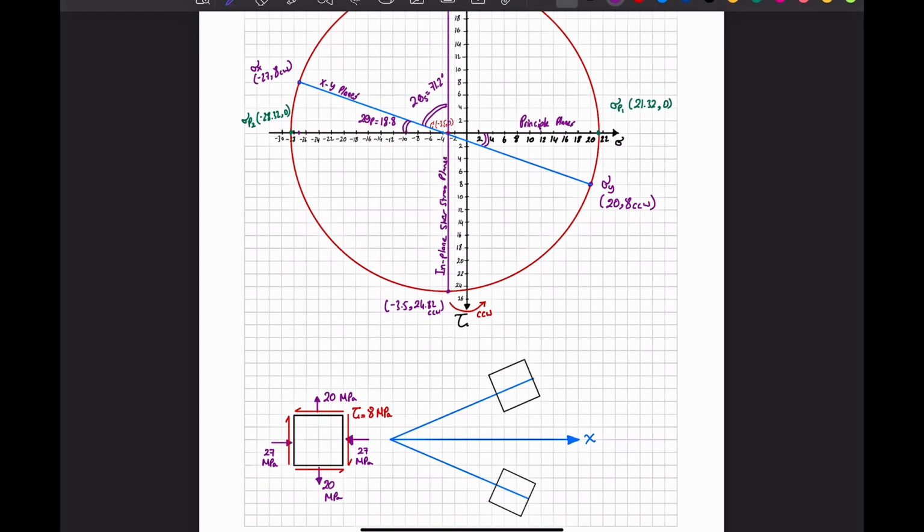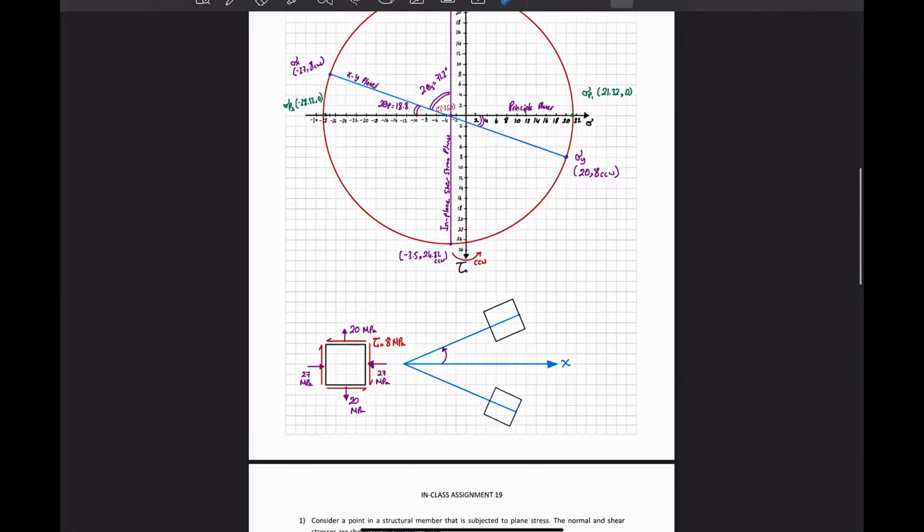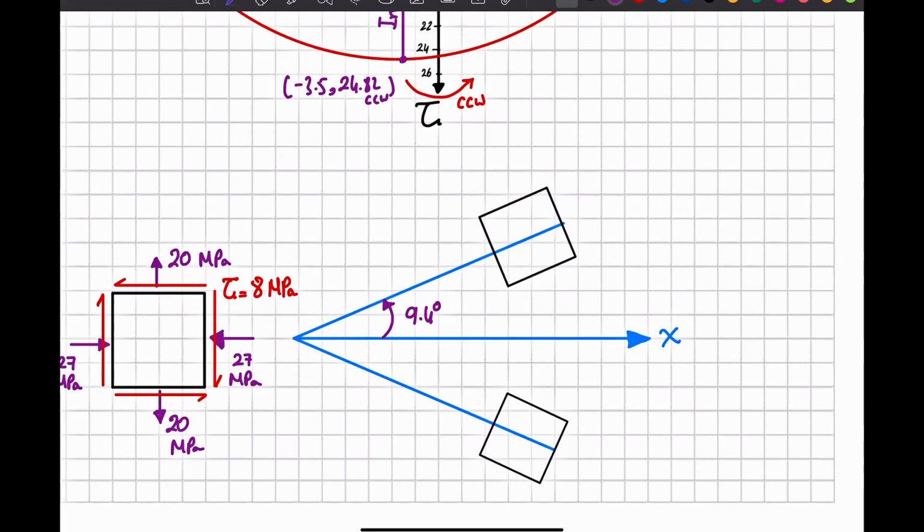So now I know that if I rotate the xy plane counterclockwise like this, I'm going to the principal plane. So that's why I made it here. And I'm not going to write 18.8, I'm going to rotate it by 9.4 degrees. Okay? And now if I rotate the x-plane by 9.4 degrees, I'm going to find the principal stress element.